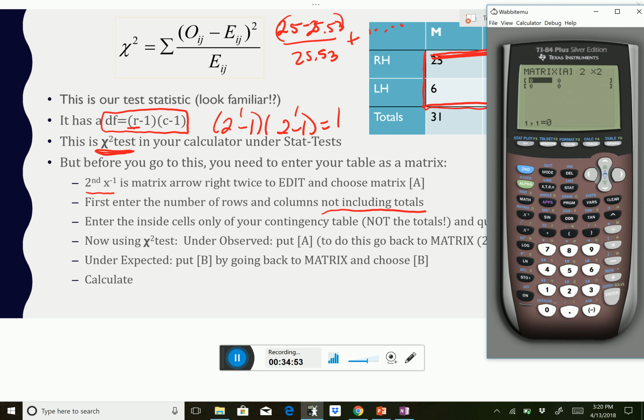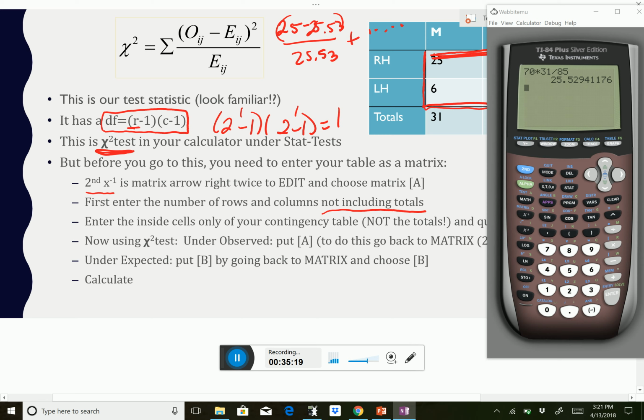Now I just have zeros, so I'm going to plug these in: 25 and 45, 6, and 9. Now that this is done, I'm going to quit. Quit is second, mode.